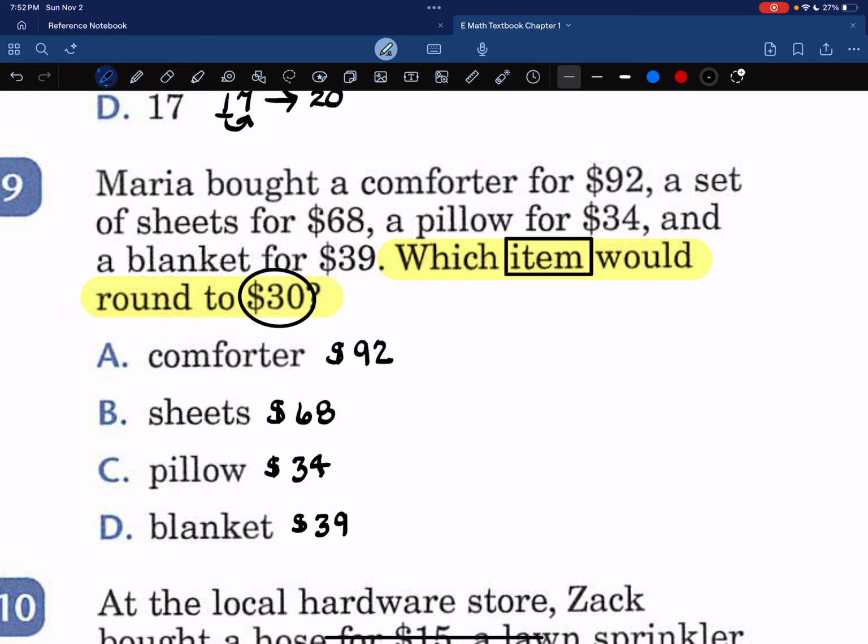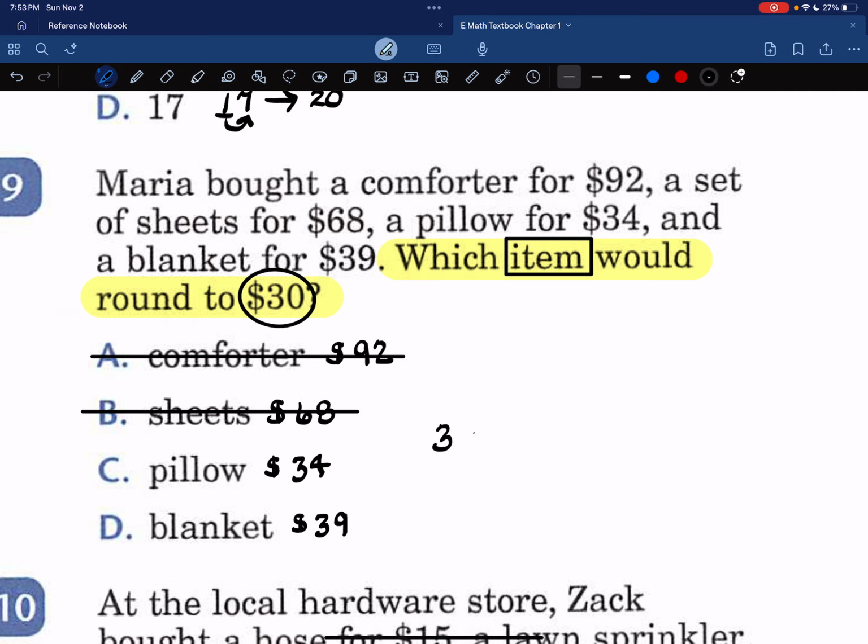Now I'm going to eliminate 2 of these answers right off the bat because they're more than $30. The comforter is way more than $30, so that's not our answer. The sheets are way more than $30, so that's not our answer. The question is it the pillow or the blanket?